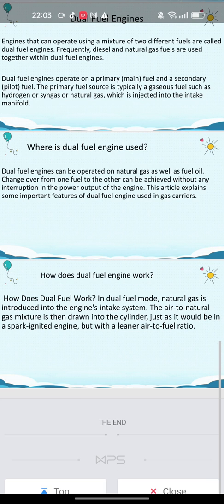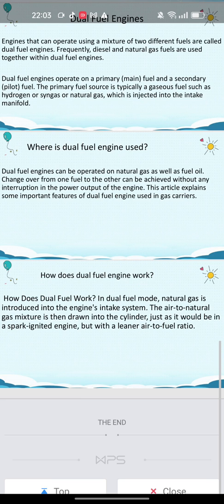The primary fuel source is typically a gaseous fuel such as hydrogen, syngas or natural gas, which is injected into the intake. The secondary, or what we call pilot fuel, is injected into the combustion chamber using the standard fuel injection equipment. It is used to ignite the mixture.